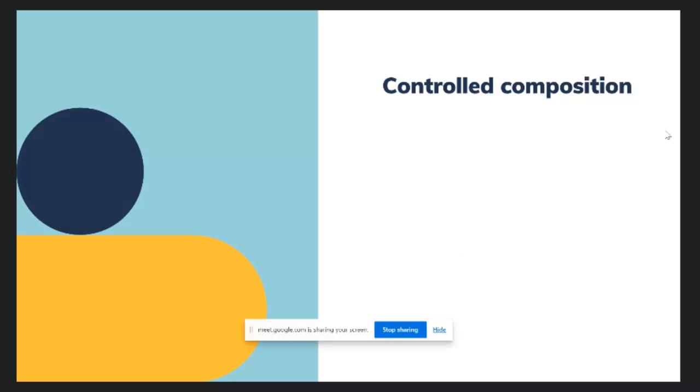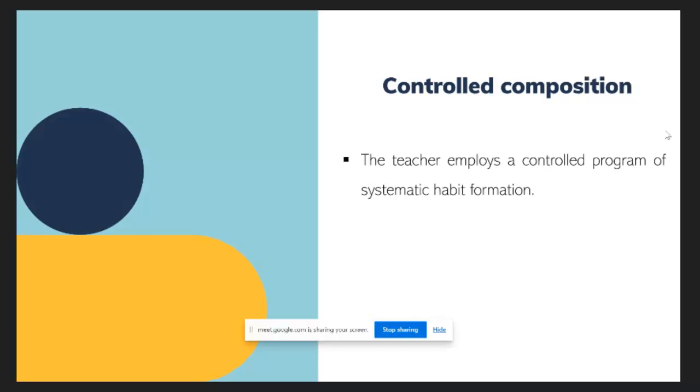The teacher will employ a controlled program of systematic habit formation. She will try to avoid errors, for example first language interference, and the second function is to reinforce appropriate language behavior.